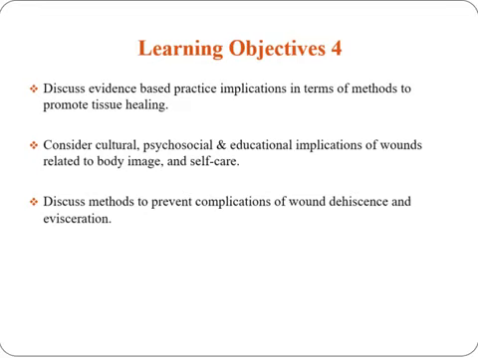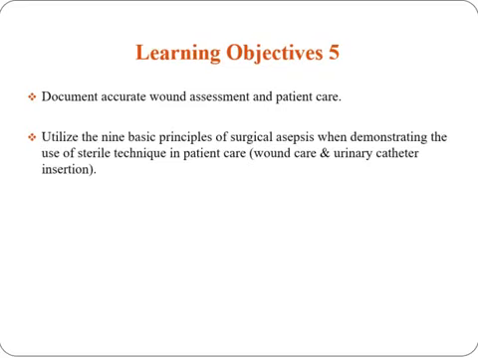Then we're going to look at ways to promote tissue healing and how we can prevent complications from happening when it comes to wounds. Also documentation and patient care, and the basic principles of surgical asepsis. We're going to walk through that.